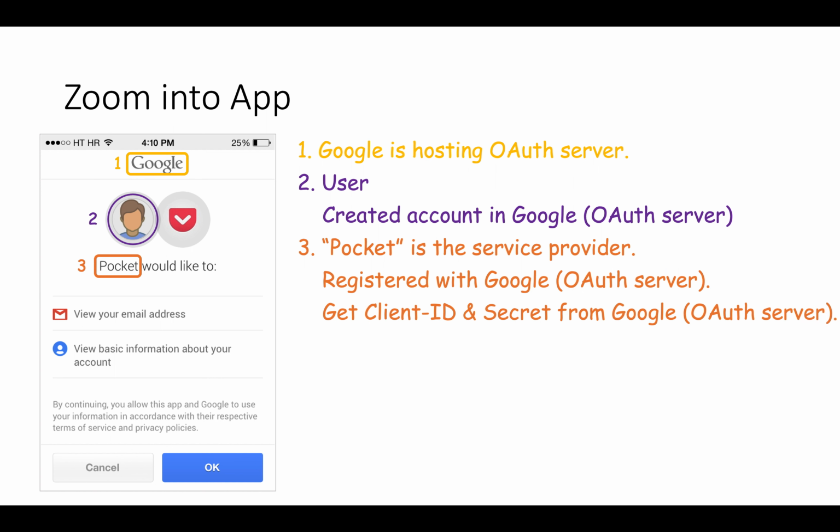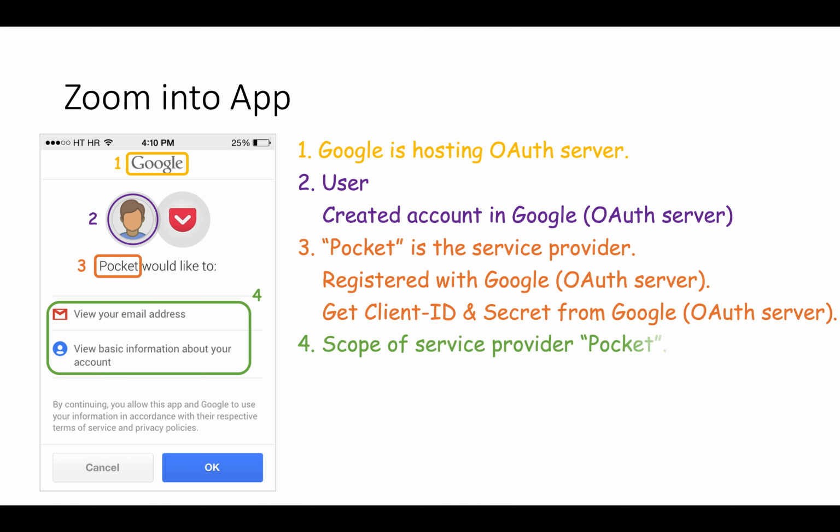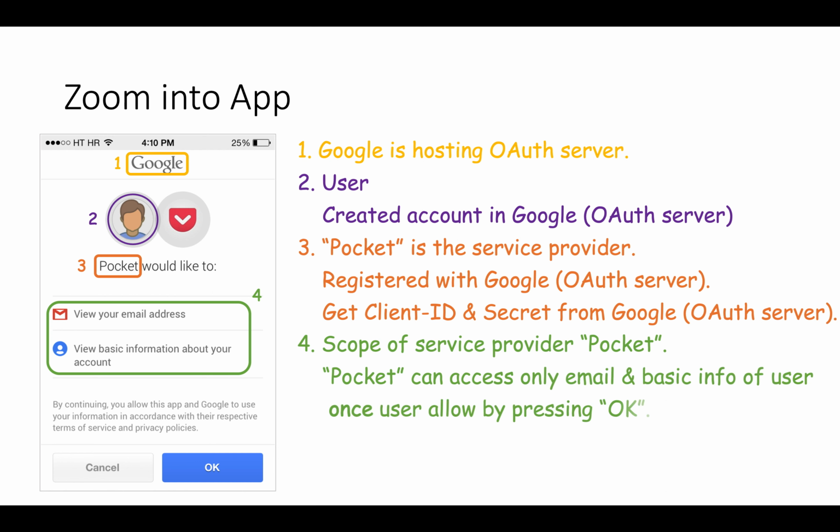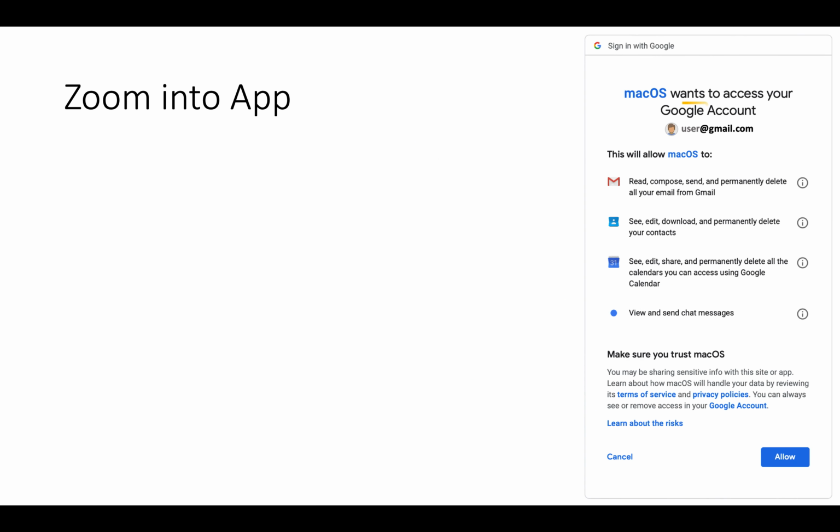It has its own client ID and secret from Google. These are the scopes of the service provider Pocket. Once the user allows, Pocket can have access to the email and basic info of the user. Let me show you another similar screen.